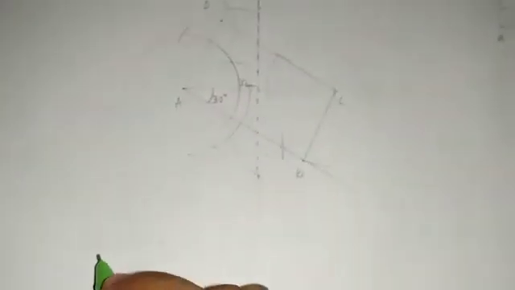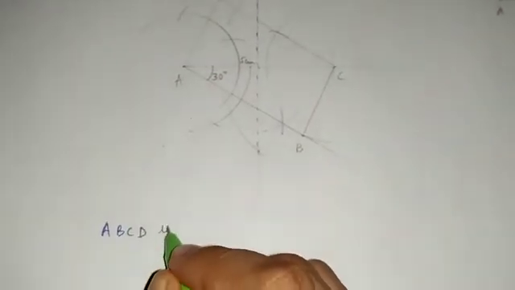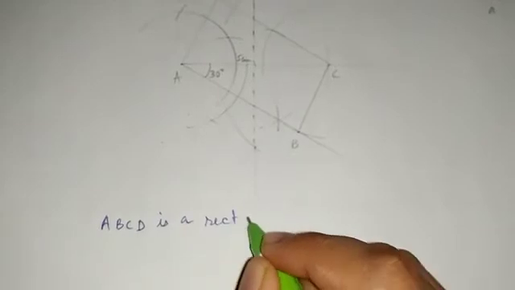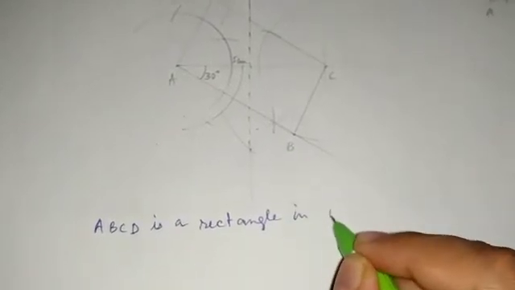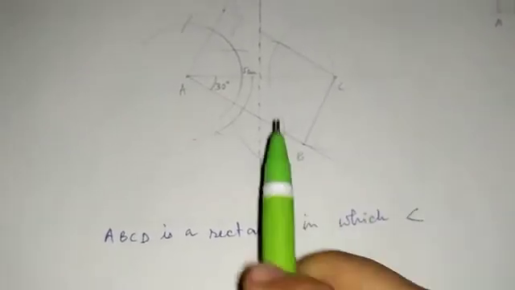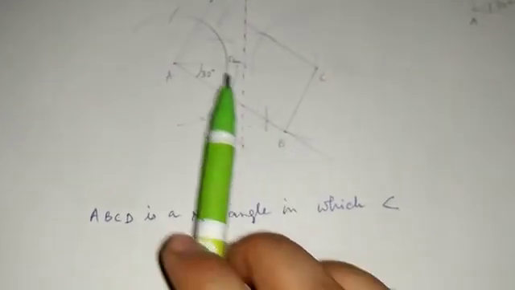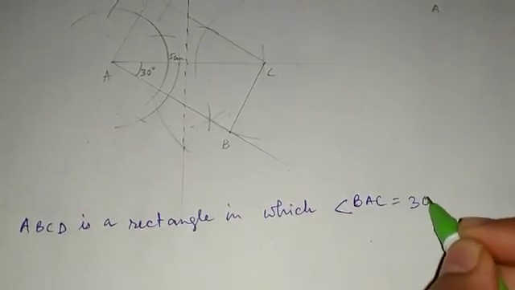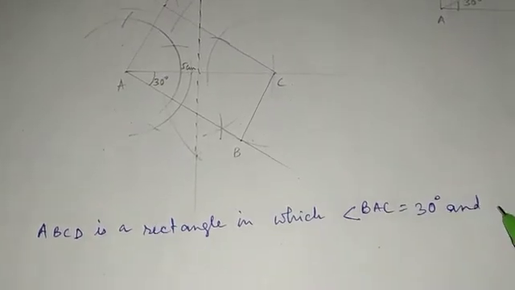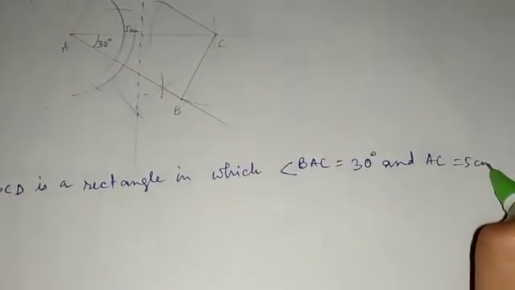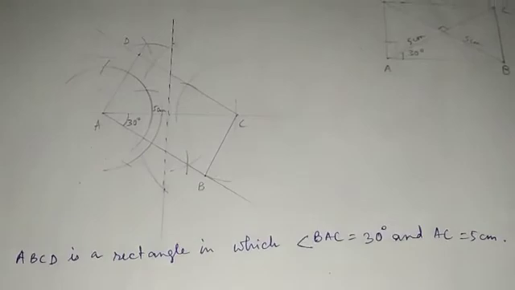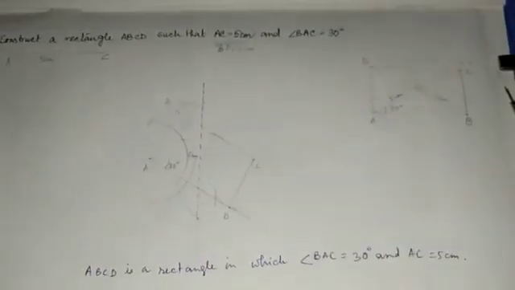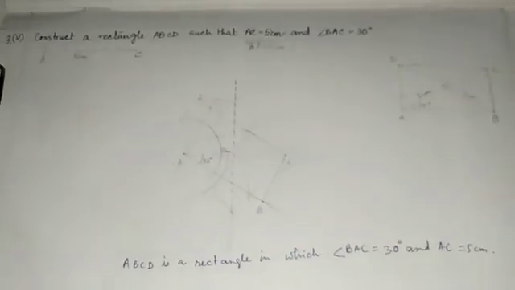Now you have to write the statement: ABCD is a rectangle in which angle BAC, see what angle was given, BAC is 30 degree and AC equals 5 centimeter. So if it is easy, then only you will do this construction.